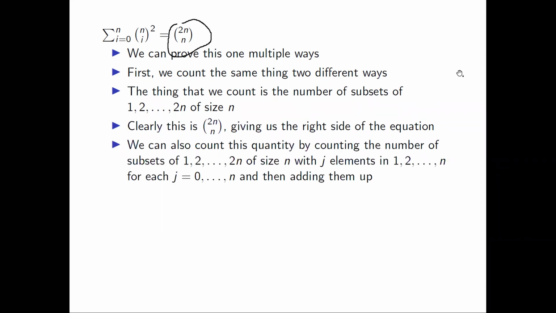So we will count the number of subsets of 1, 2, up to 2n of size n, by breaking it up into cases. And for those cases, we will take 1, 2, up to 2n, and we will split it in half.